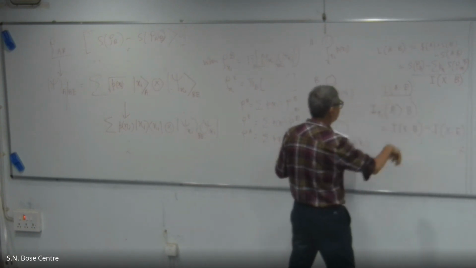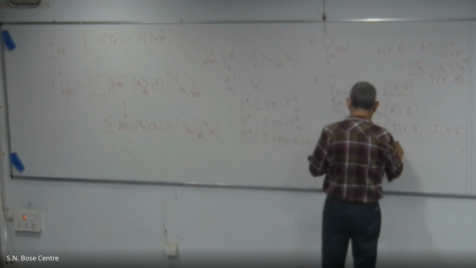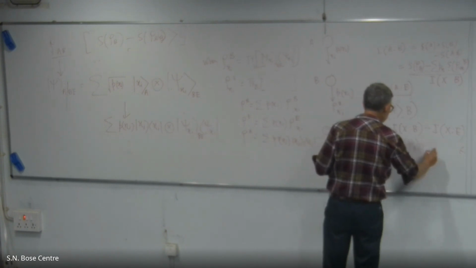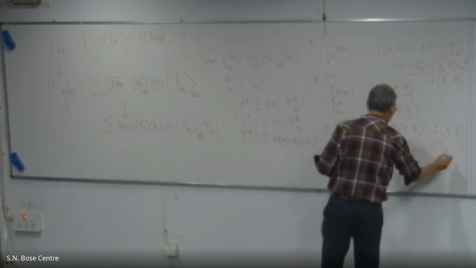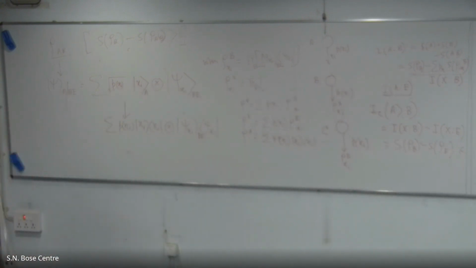If you put in this expression and the similar expression for the other, it comes out finally equal to S of rho B minus S of rho E. So if it is positive, then S of rho B is strictly greater than S of rho E.